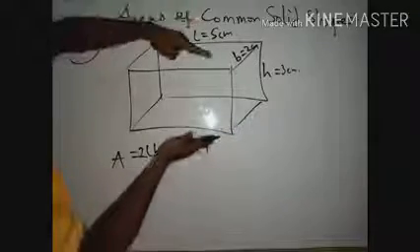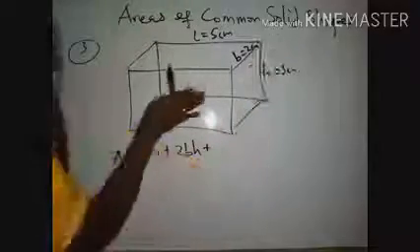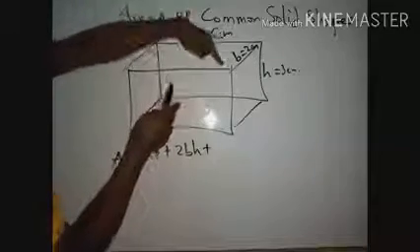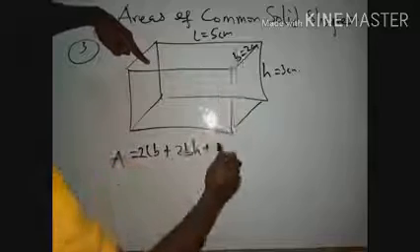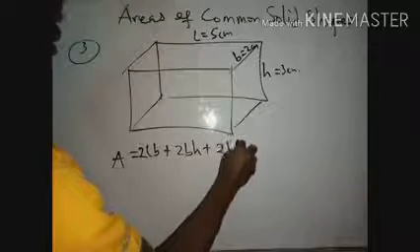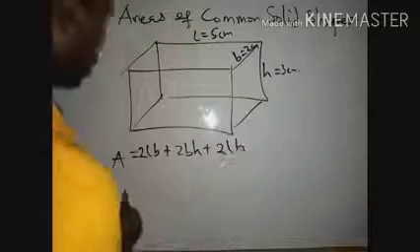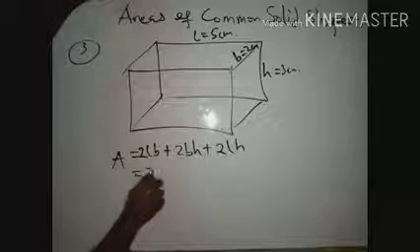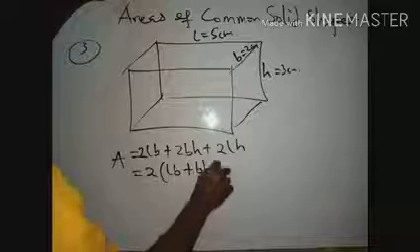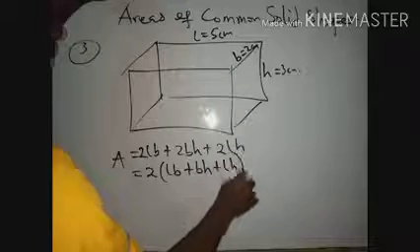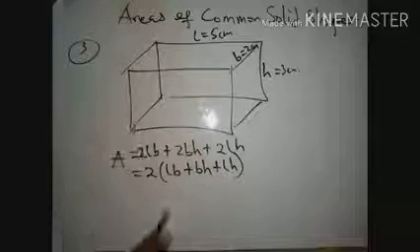I've done this part, I've done this part. It remains the front and the back. This part for the front is length, this part is height, and there are 2 of them. So 2 length times height. If you look at it, you see 2 is common to all of them. So you could just write 2 times length breadth plus breadth height plus length height. So either write it like this or write it like that.